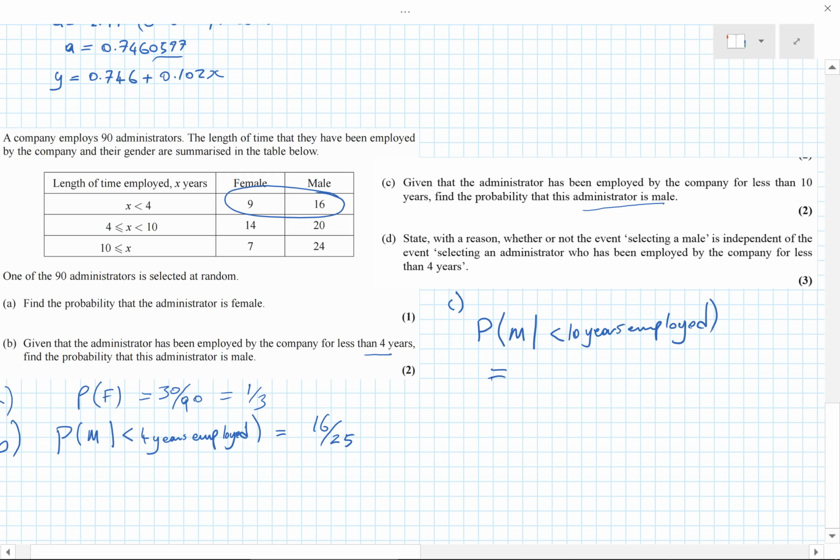That equals the probability that they're male and less than 10 years employed, divided by the probability that they're less than 10 years employed.